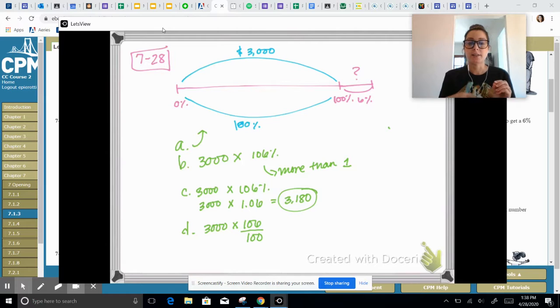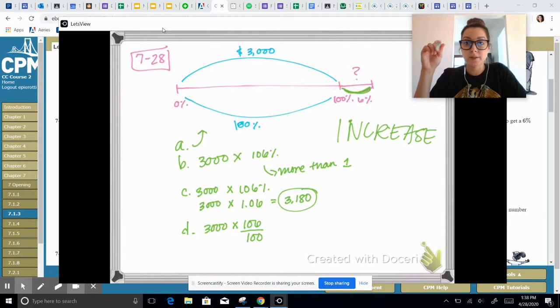But since it's 106%, that's accounting for the 6% increase that she had this summer. Okay, so this is percent increase. So we've now seen an example with percent increase and percent discount or decrease.